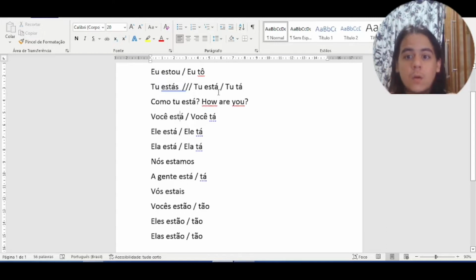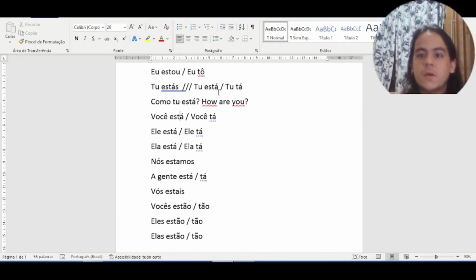But grammatically speaking, it's wrong. But we do that. If you come to Brazil and try to speak Portuguese in Rio de Janeiro, you're gonna hear this mixing a lot. Tu está, like tu é with the verb ser we saw last class, it's very common.